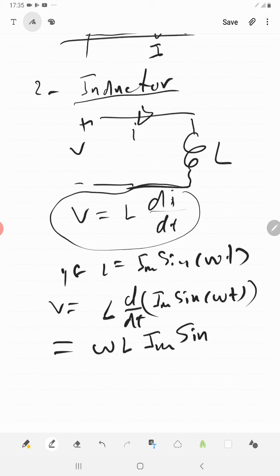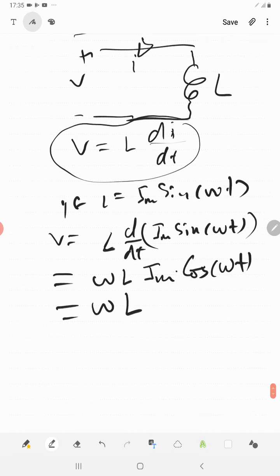The derivative of a sine is what? Cosine. So it will give you cosine omega t. Now, to determine the phase relationship between I and V, we must change this cosine to sine. So it will be I maximum sine omega t plus 90 degrees.